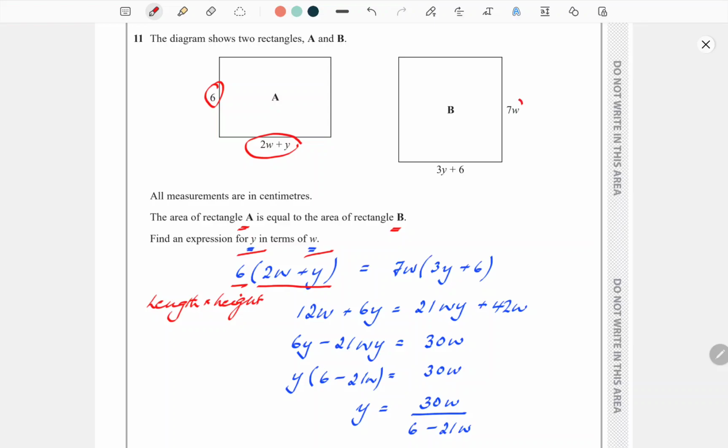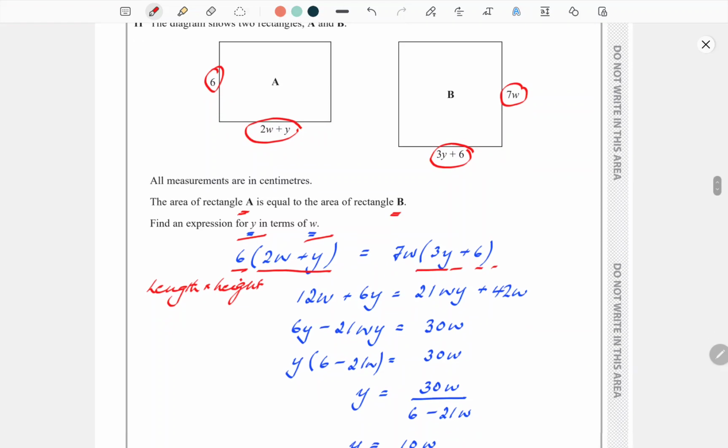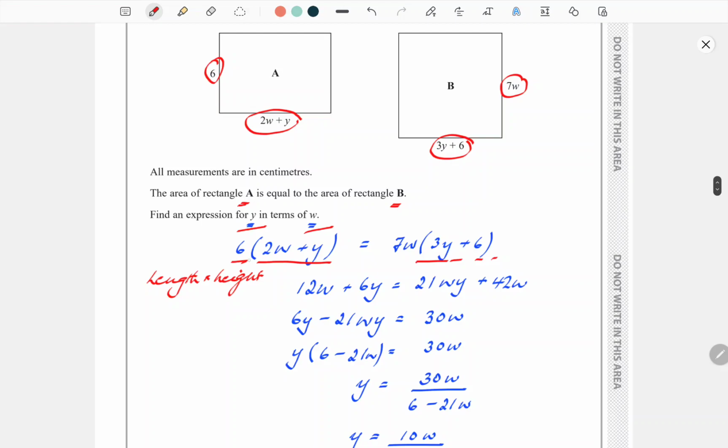And on this side, we've got 7w times 3y plus 6. Again, make sure you're using the brackets. Right, expand the brackets out. 6 times 2w, 12w. 6 times y, 6y. On the right-hand side, you've got 7w times 3y. Be careful with this. Don't forget either of the letters. Later on, it becomes important.